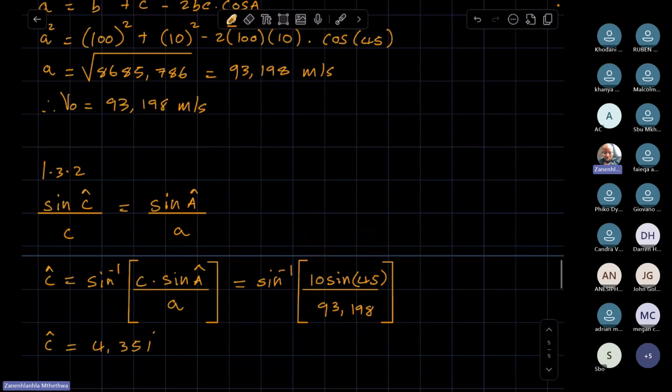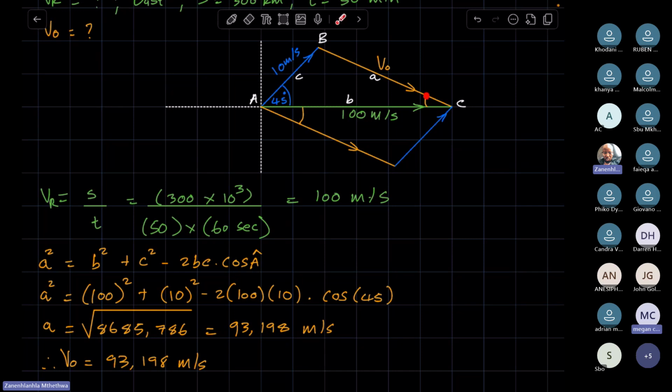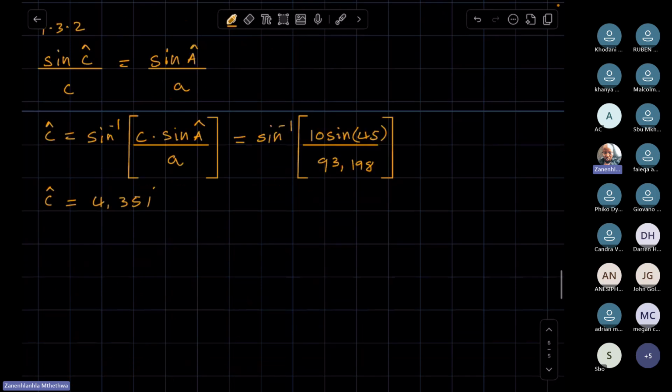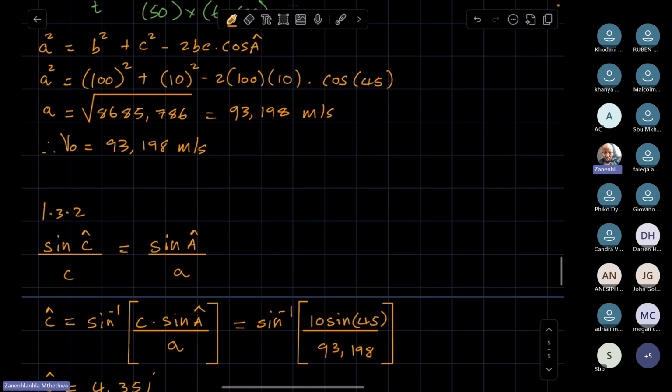Right. Now we had already established that this angle is equivalent to this one. Once you have this angle, it is referenced from the x-axis, and we know that VO is in the fourth quadrant. So the direction of flight is equal to the angle referenced from the x-axis.